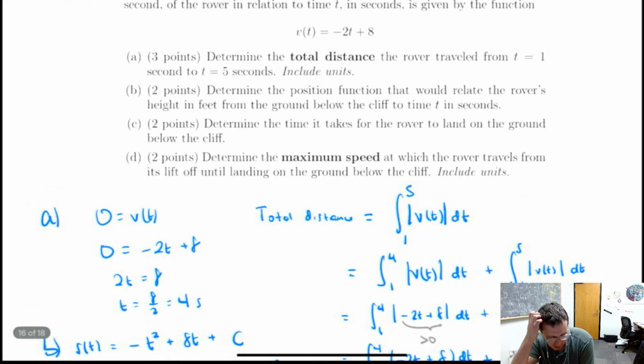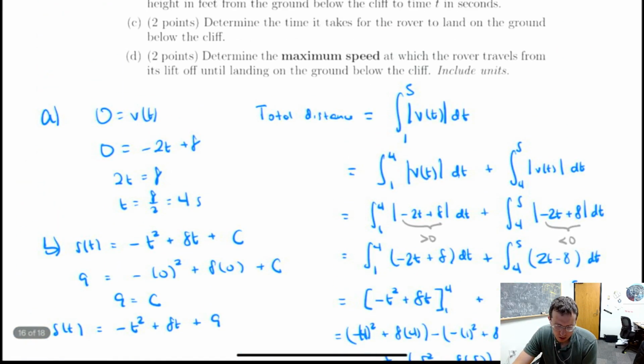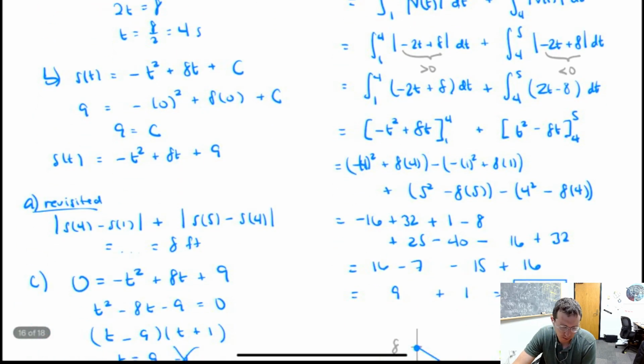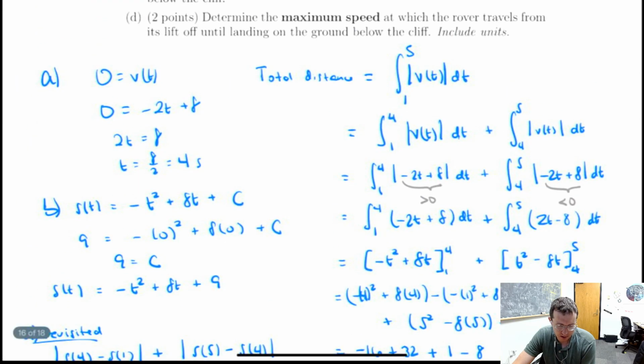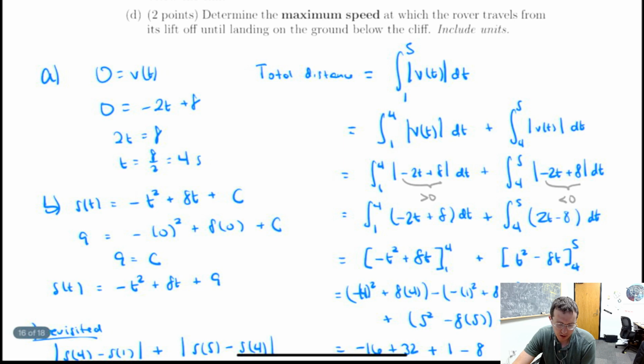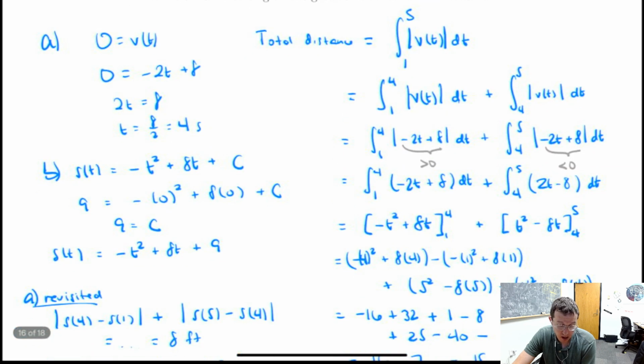And then question D, determine the maximum speed at which the rover travels from its liftoff until landing on the ground. The maximum speed. So my gut feeling is that the maximum speed is going to be at time 9, at the very end when it hits the ground.